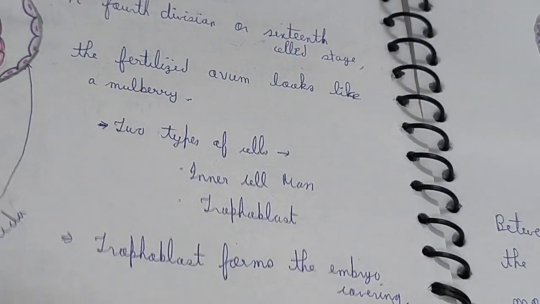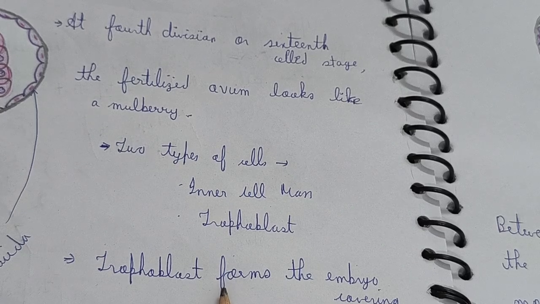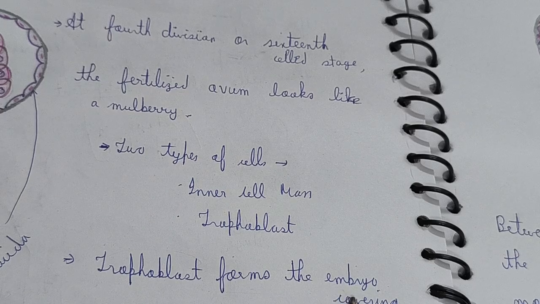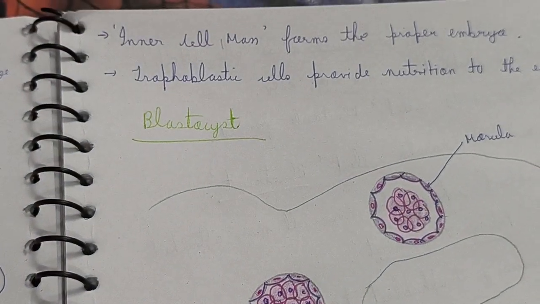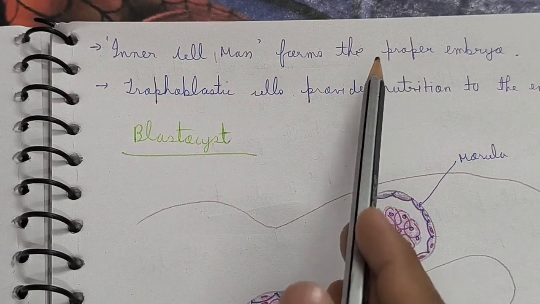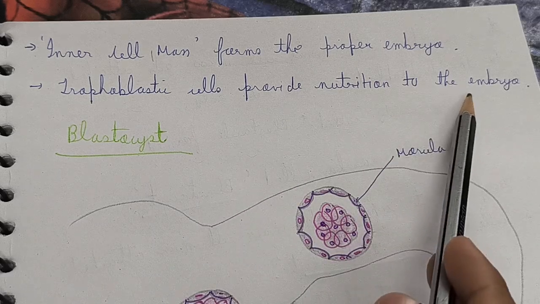As I already mentioned, the trophoblast and inner cell mass form different derivatives. The trophoblast forms the embryo covering, and the inner cell mass forms the proper embryo. The trophoblastic cells provide nutrition to the embryo.